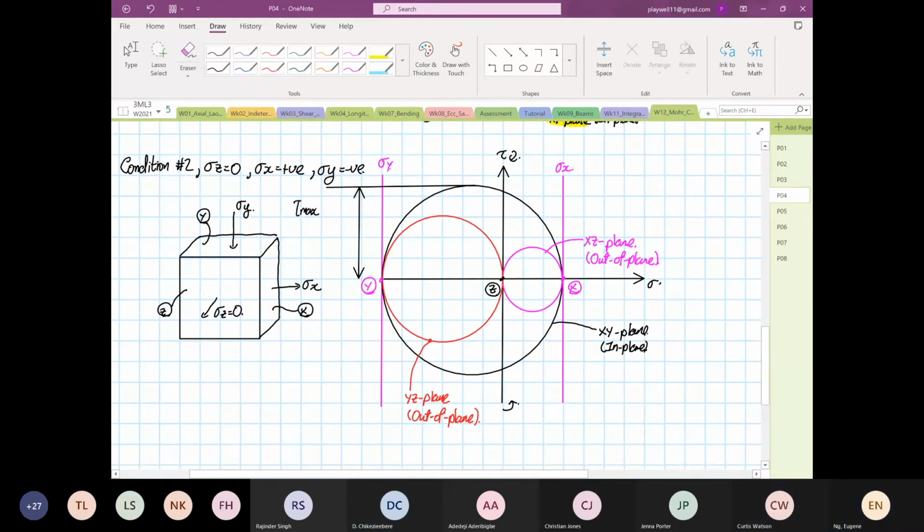So if the max shear is in plane, so what? Can you use 2D Mohr circle to solve this? Yes. There you go. So this is a situation that you can use 2D Mohr circle.